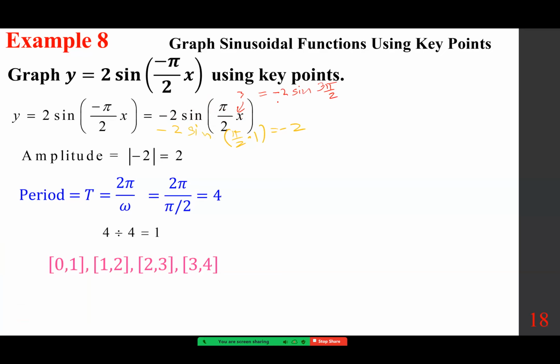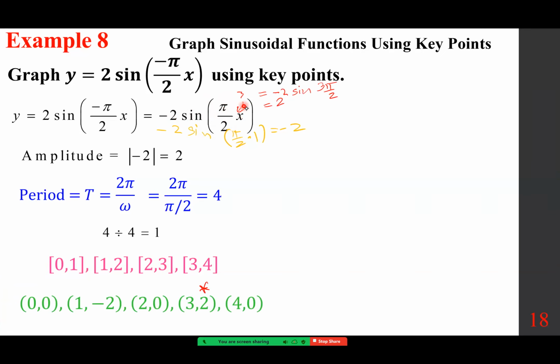Now you know sine of 3 pi over 2 is negative 1, times negative 2 becomes positive 2. And that's what we have here. If you plug in 4, it makes it sine of 2 pi, which is 0. All right, so again, very easy.